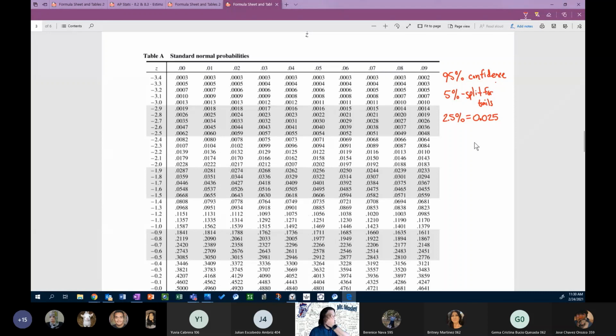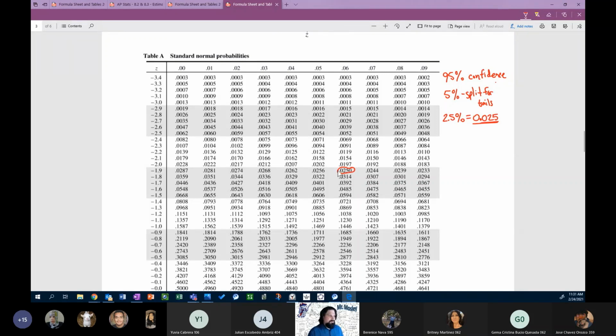And that equals 0.025. So that means we go to Table A and say, I need to find 0.025 on the interior of Table A. So I go in here and I'm looking for 0.025, and I get it right here. This is one of the rare cases where we actually get exactly the value we're looking for, 0.025.